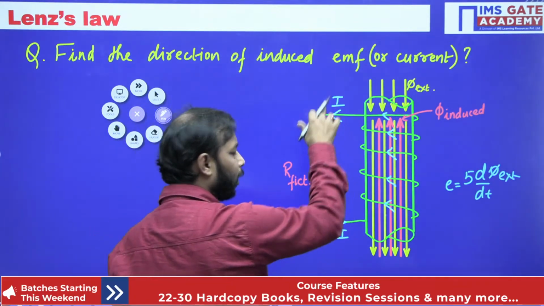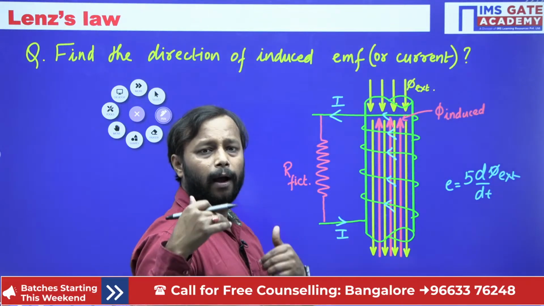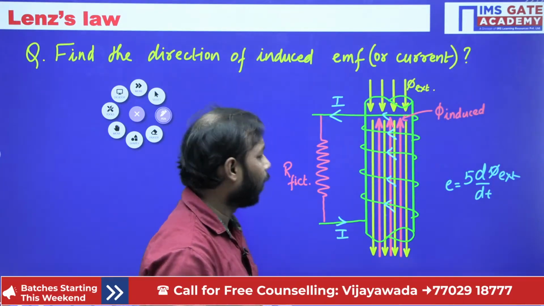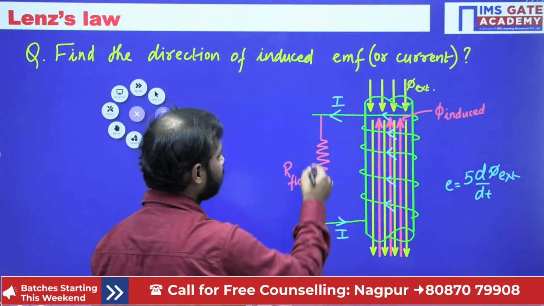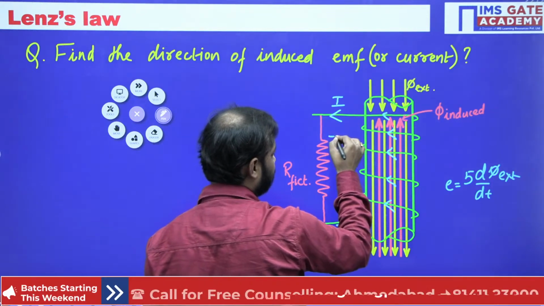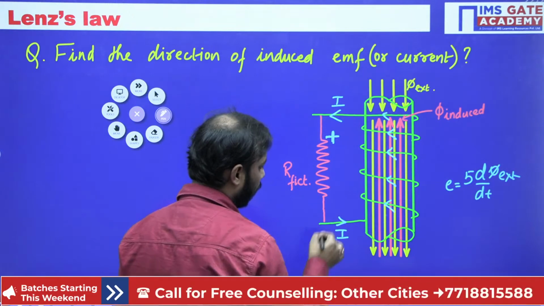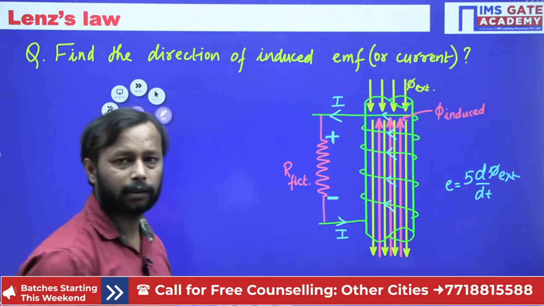Whenever current enters into an element, which is a resistor, capacitor or inductor, the first point where it enters is represented as a plus, like this, and the end point is represented by minus.